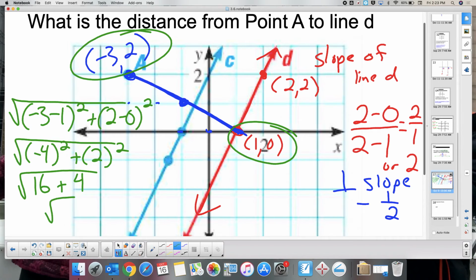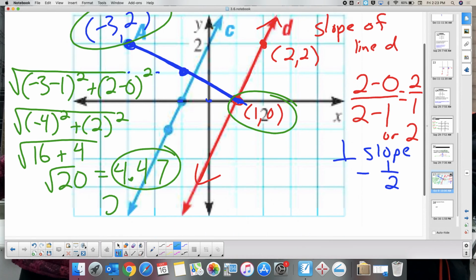We add them together and we get the square root of 20. Now, they do not specify whether it needs to be in radical form or decimal form. So if you're putting it as a decimal, we round to 2 decimal places. We can do 4.47. If you reduce it as a radical, you will get 2 square roots of 5 as your other answer. Both are acceptable here.